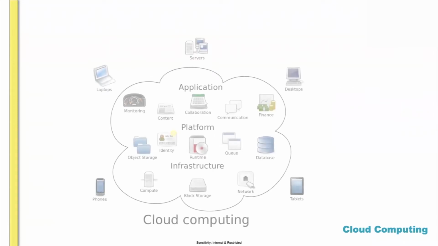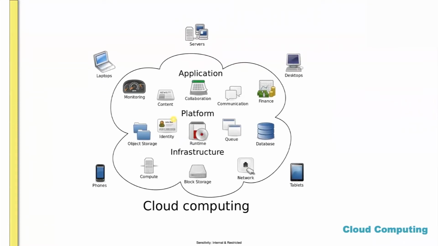Cool, right? So what are the different areas or applications the cloud provides? We discussed compute, storage, and networking, the infrastructure services. Apart from that, unlike a traditional data center, cloud provides many other advanced services.